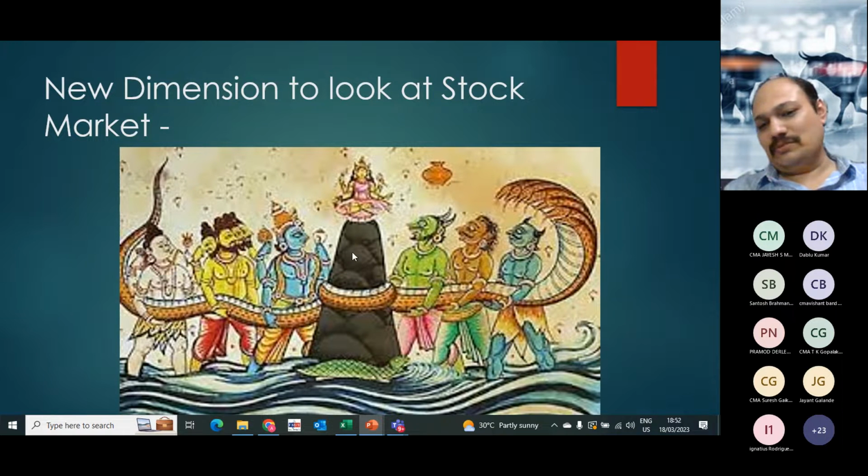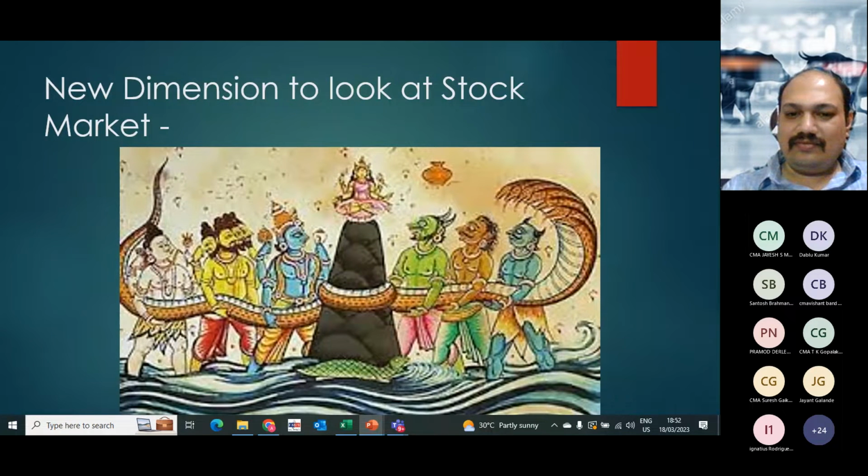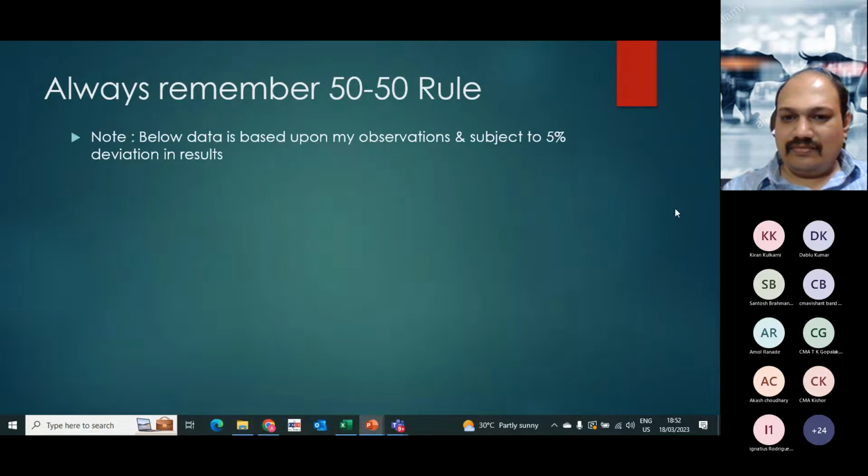So, Sura-Asura Samudra Manthan, right? So what is the use of this in the stock market? Can anyone tell me? After long-term brainstorming and longer experience, you can have Amrit from them.